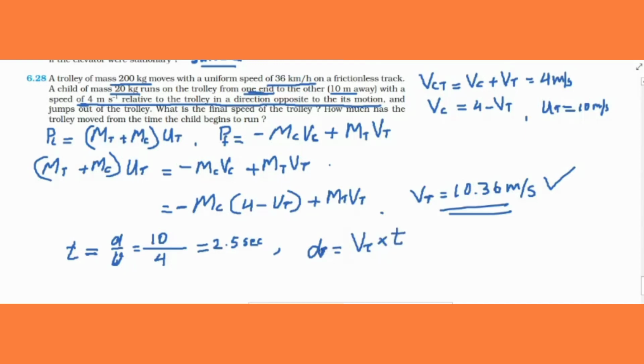So what is the distance traveled by the trolley after the child begins running? The child runs for a time 2.5 seconds. By then the trolley moves with a velocity of 10.36 meter per second. Therefore, distance traveled by the trolley is equal to 10.36 into 2.5. So you will get the answer.